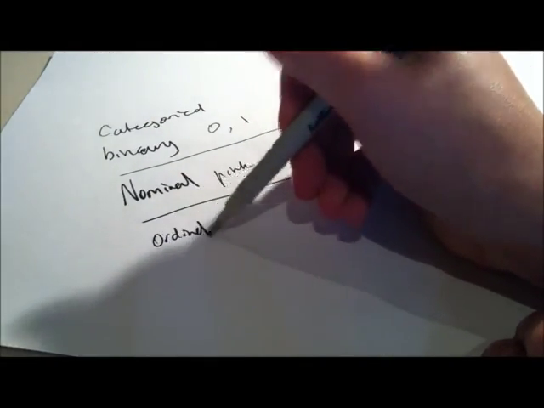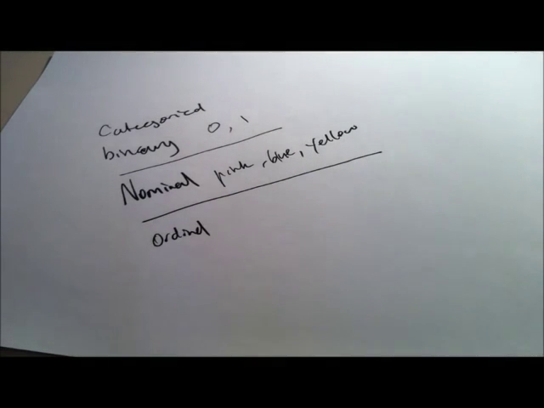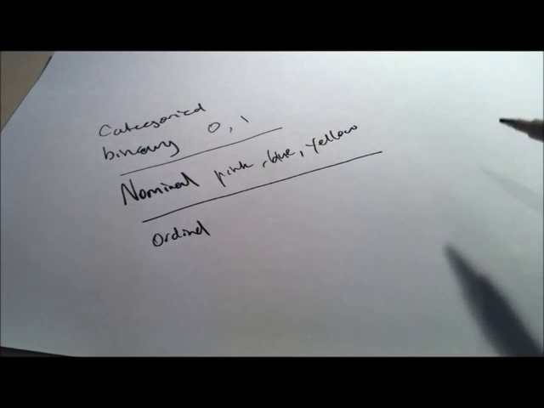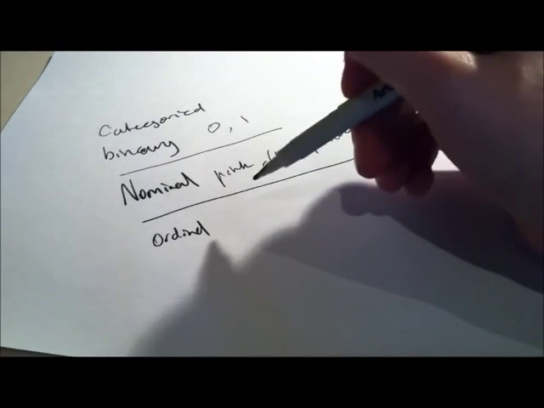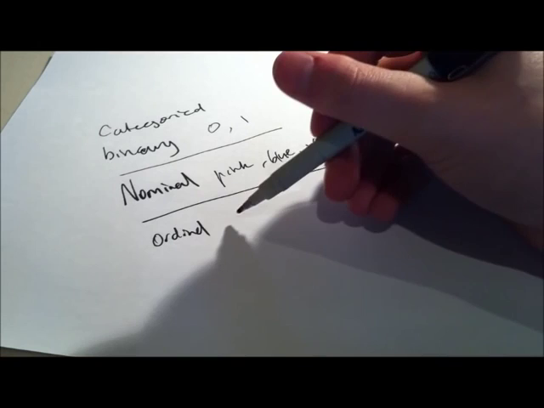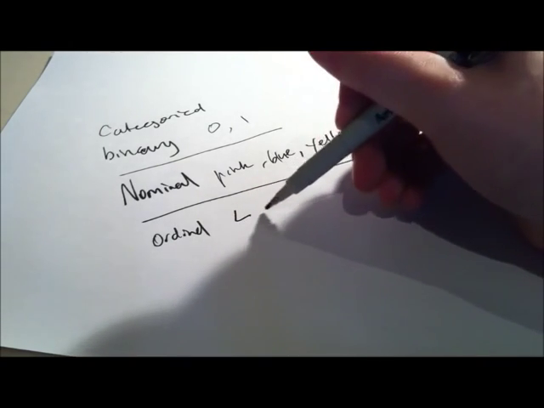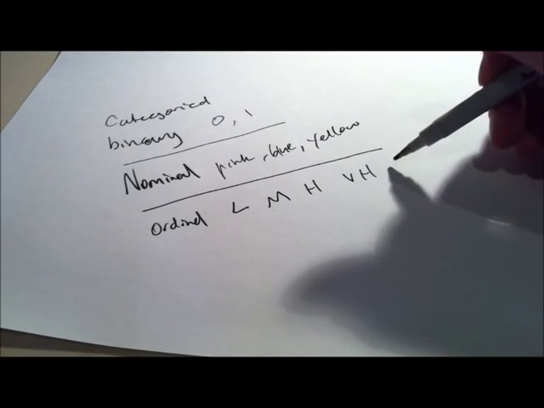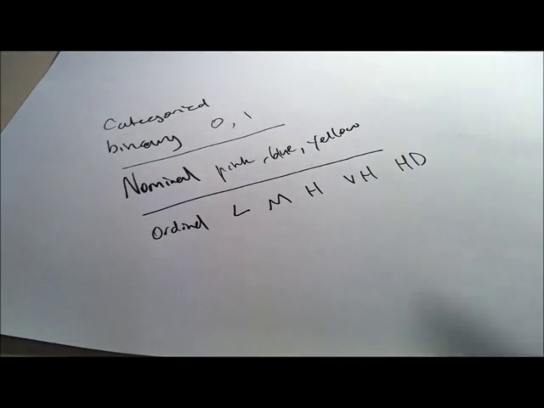Ordinal's a bit different because the categories don't give you any idea of the space between each, but they give you an idea of the order. Say, for example, we might have 5 doses of ecstasy to give to our participants in the world's greatest experiment. We've got a low dose, a medium dose, a high dose, a very high dose, and a heroic dose.